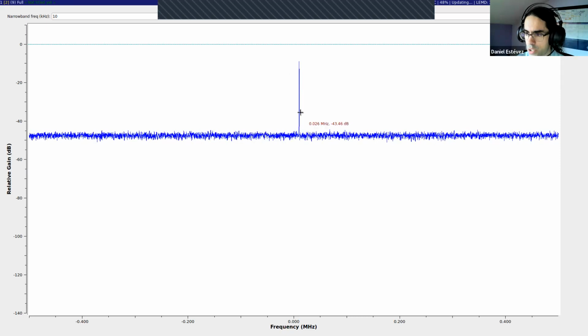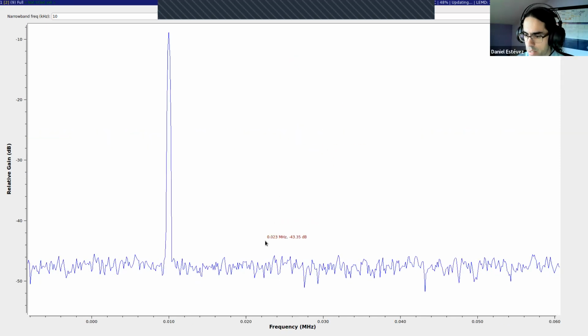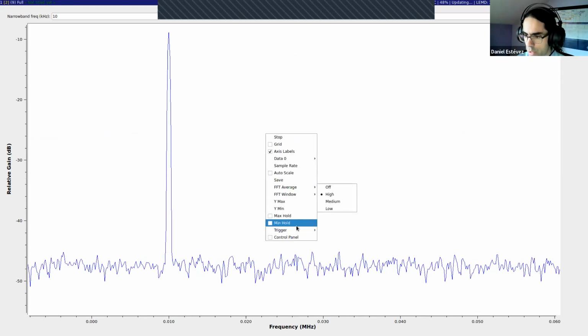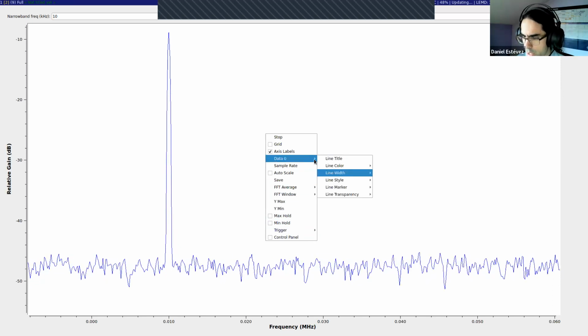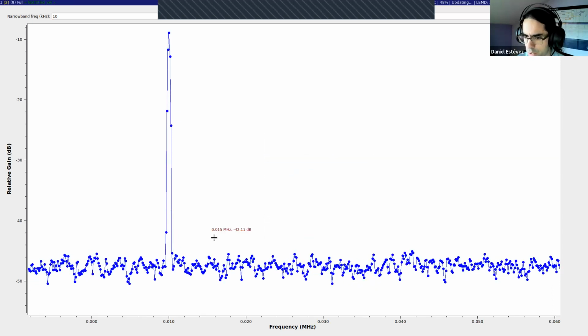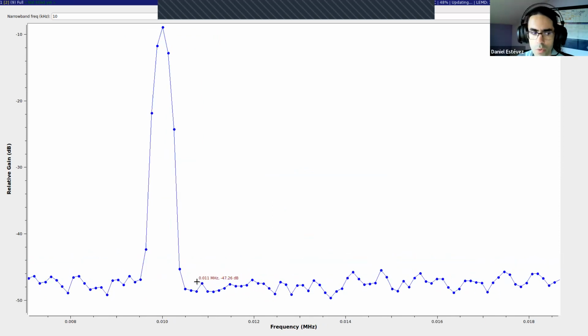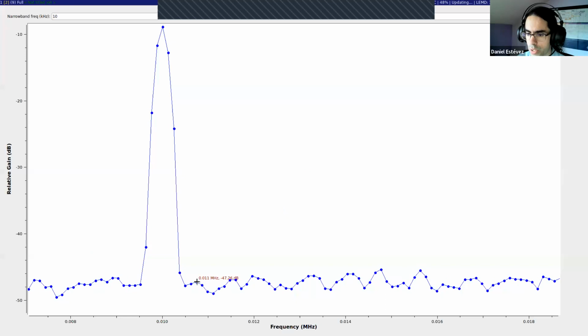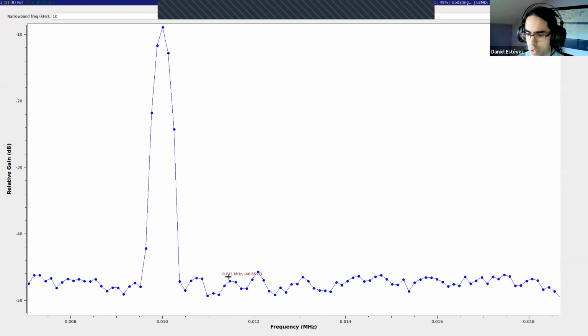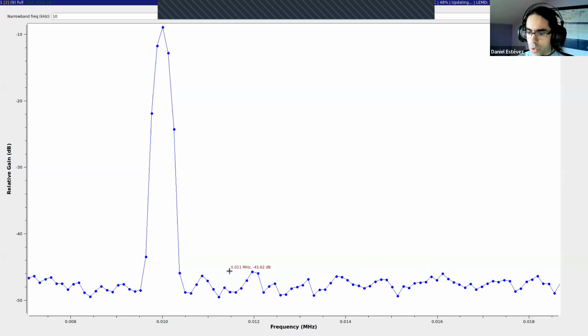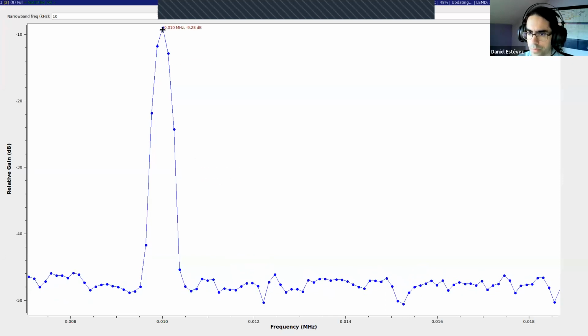So that means each of these FFT bins, and in fact, we can show them by doing here a line marker circle. So each of these points represents the power within 122 hertz. So when we're measuring noise, we are measuring 122 hertz worth of noise.